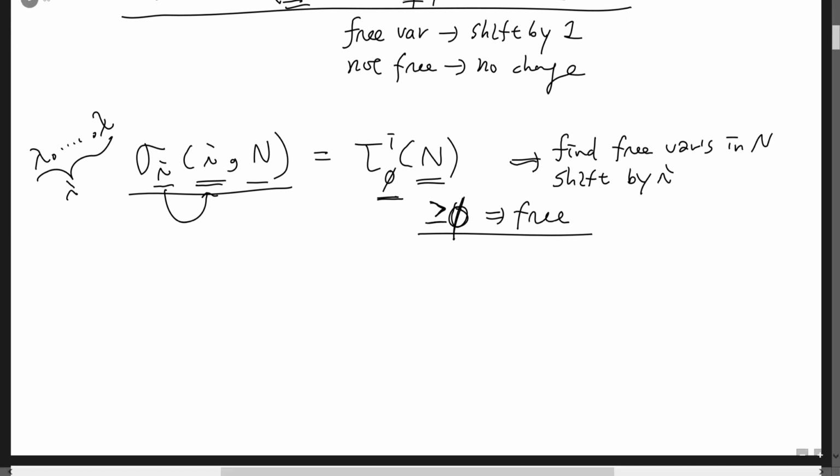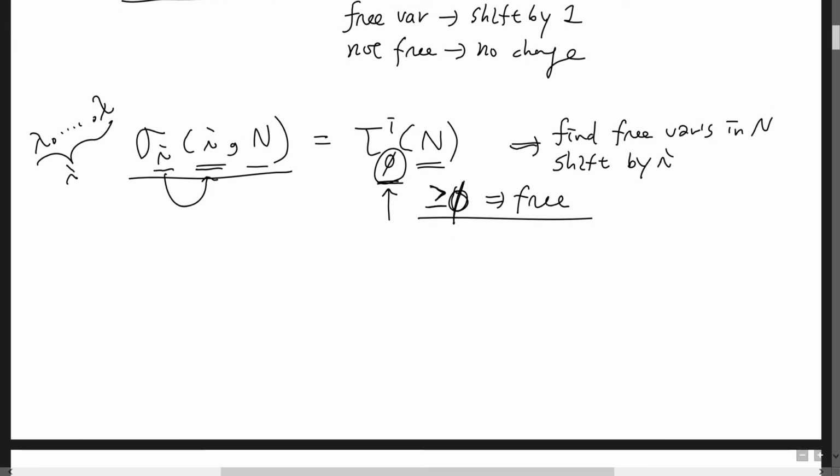To see why we need this other subscript here, let's consider this one, tau 0 I lambda n.